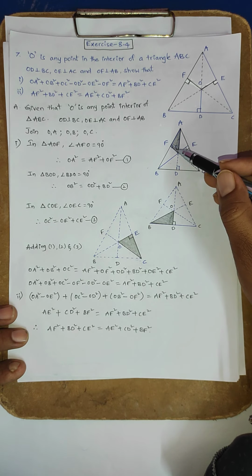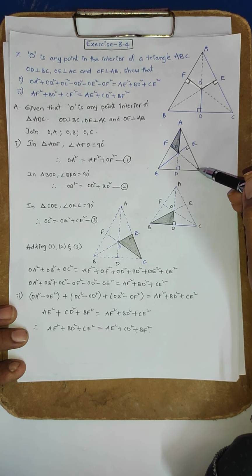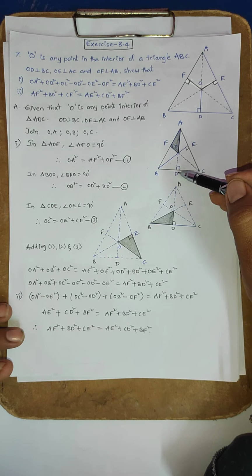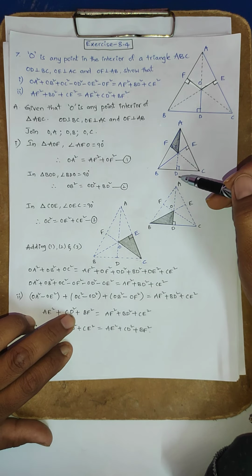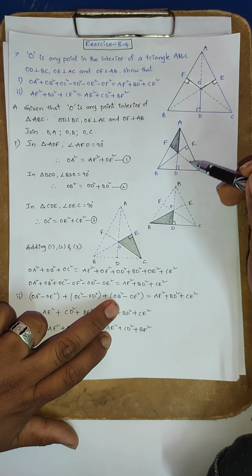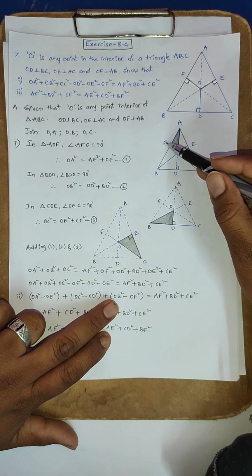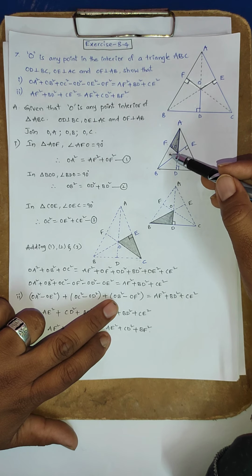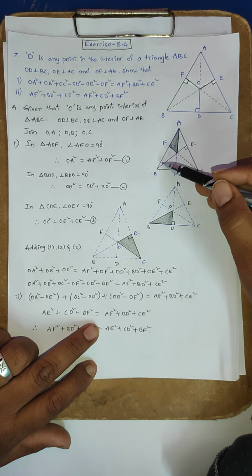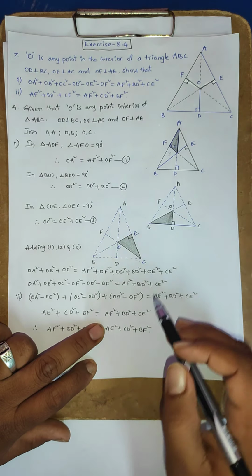Then OC square minus OD square means CD square. Next OB square minus OF square, this triangle, gives BF square, equal to the remaining.